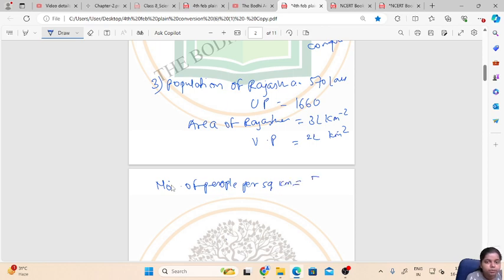In Rajasthan the population is 570, divided by the area, which is 3 lakh, and that will give 190. So 190 people are present per square kilometer in Rajasthan.